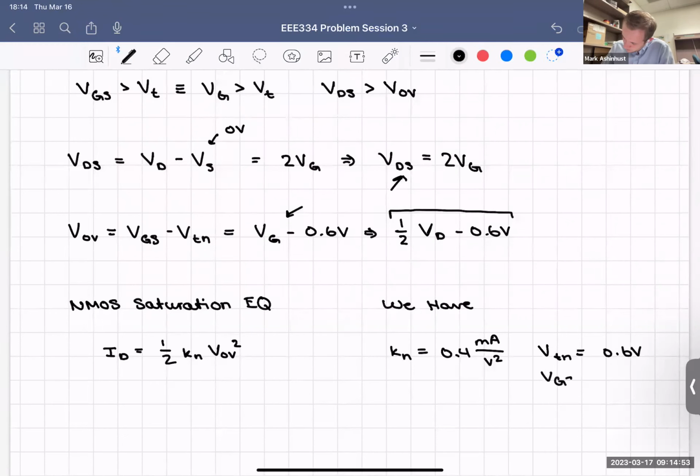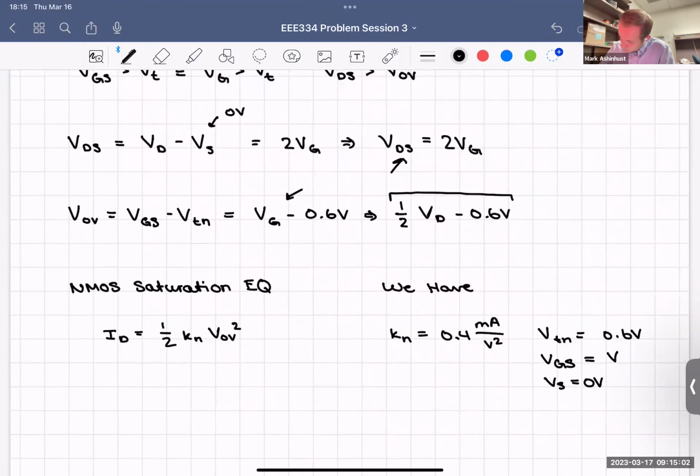We know VGS, we don't know, but we know VS is 0 volts. So because we know VS is 0 volts, we know VGS is equal to VG. We also know what VG is, though. We know what VG is in terms of VD. So that will help us in the end. So we could either solve for a value or put it in terms of ID. So in this case, we can't really solve for a value there at the end.